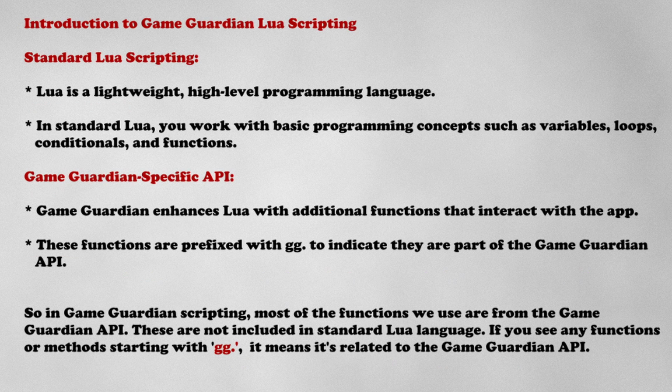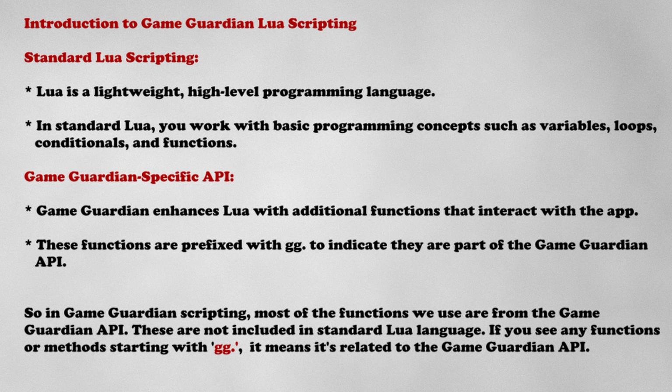Introduction to Game Guardian Lua scripting. Standard Lua: Lua is a lightweight, high-level programming language. In standard Lua, you work with basic programming concepts such as variables, loops, conditionals, and functions. Game Guardian specific API: Game Guardian enhances Lua with additional functions that interact with the app.